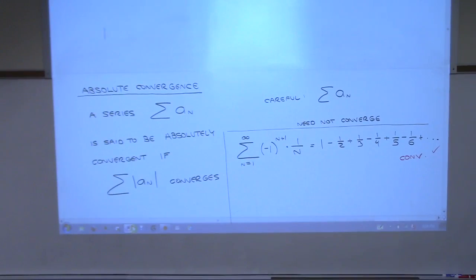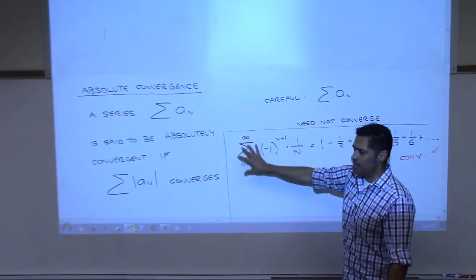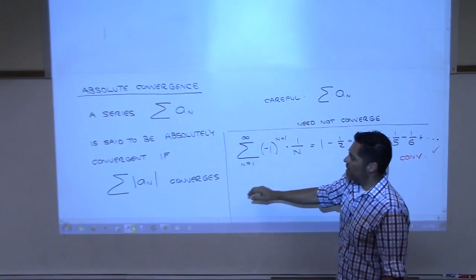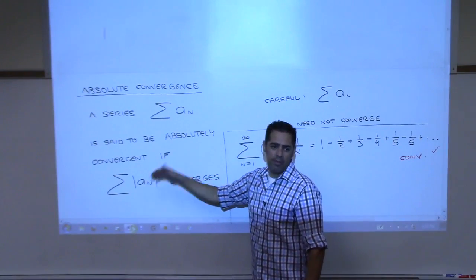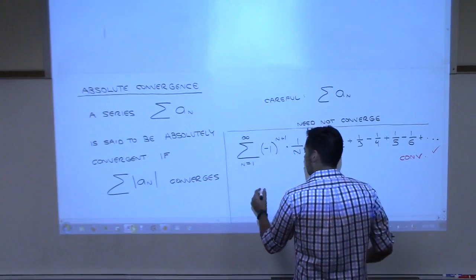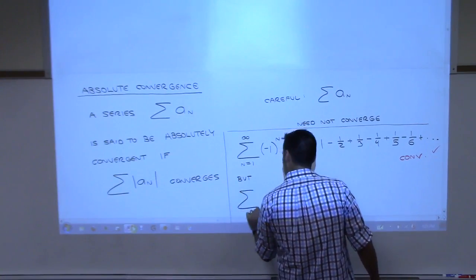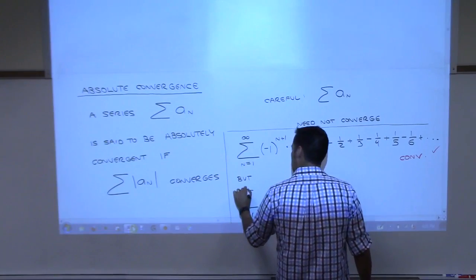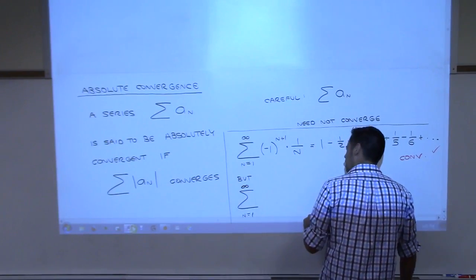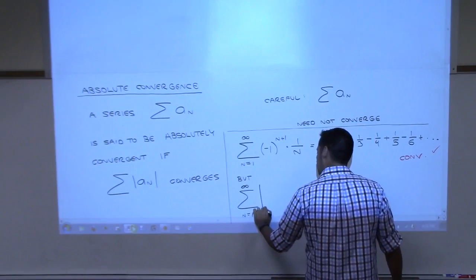That means if you start adding these things up forever, it's going to go to a number. Now, this is a series. Let's take a look at the absolute value of this series. So I'm going to put here, sum n equals 1 to infinity of the absolute value.